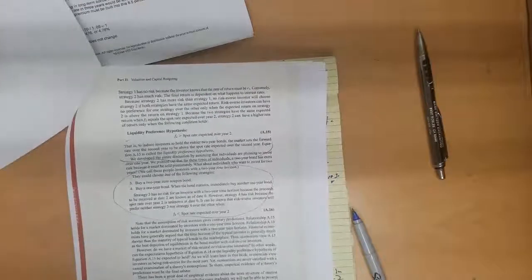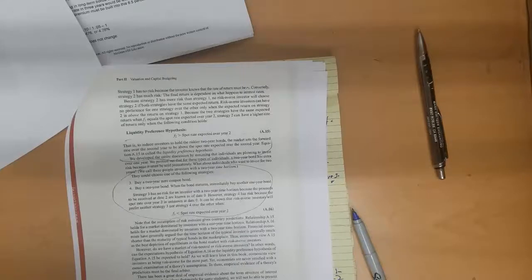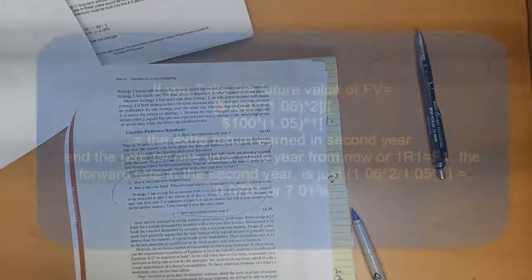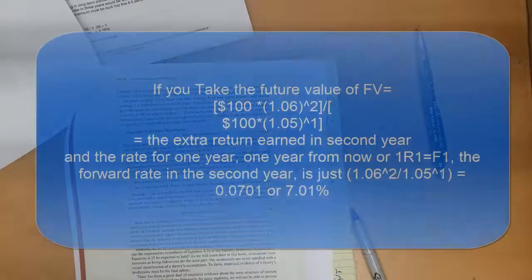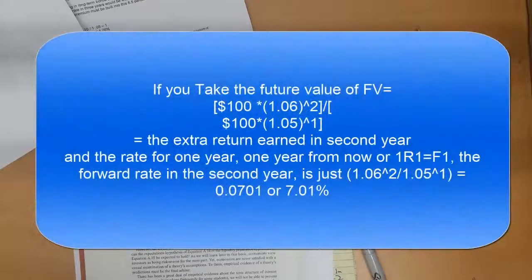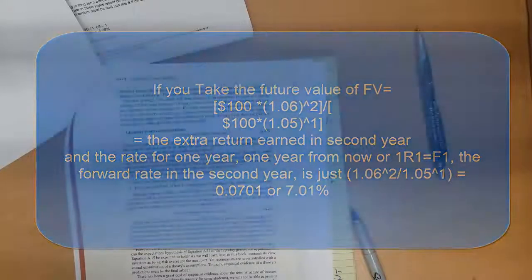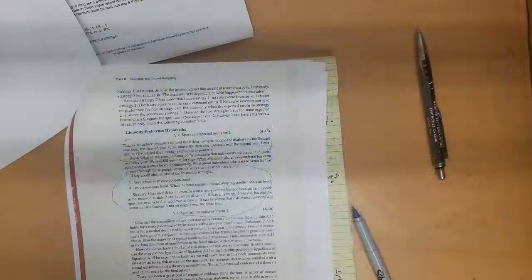Now, liquidity preference is that, in order to induce investors to hold riskier 2-year bonds, the market sets the forward rate over the second year to be above the spot rate expected over the second year, or the 1-year rate 1 year from now. That is the liquidity preference.